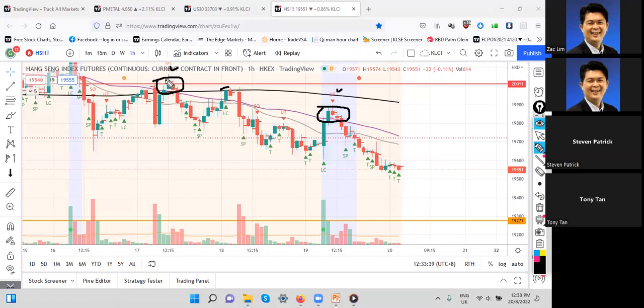Once you have this volume at the top, usually the volume at the top is smart money distributing. Usually smart money doesn't buy at the top. You have formed a higher low.